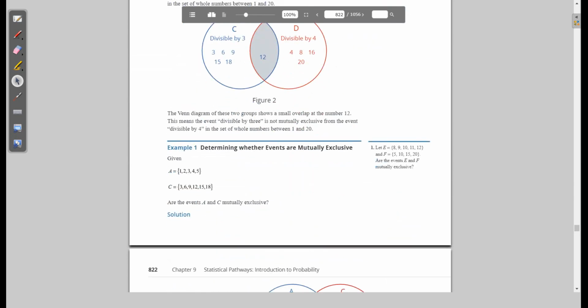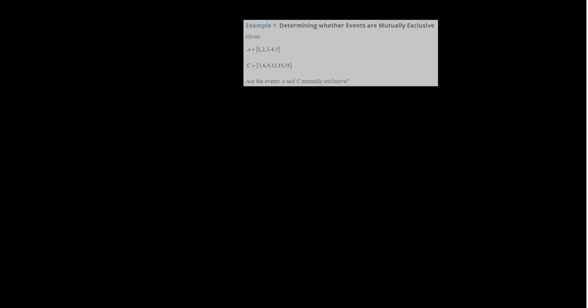So let's just start off with example one. Determine whether the events are mutually exclusive. Given that we have 1, 2, 3, 4, and 5 in set A, and set C is 3, 6, 9, 12, 15, and 18, are the events in A and C mutually exclusive?